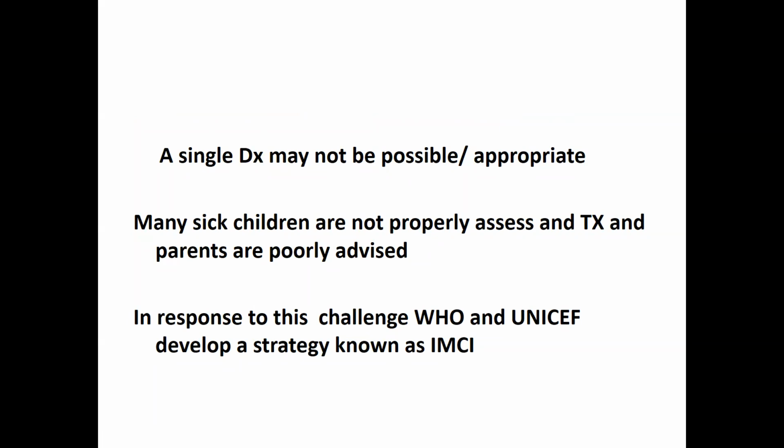Many sick children are not properly assessed, and the treatment, or what is TX? I have no idea. And parents are poorly advised. In response to these challenges, WHO and UNICEF developed a strategy known as IMCI. Okay, we talked about this. What is IMCI?